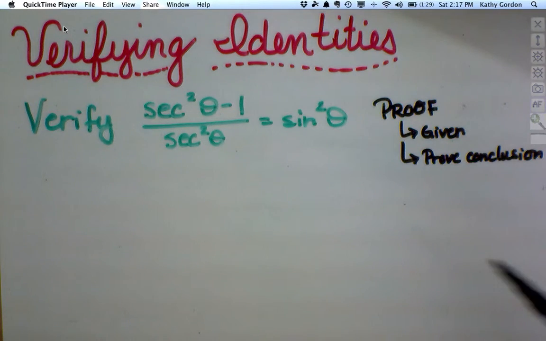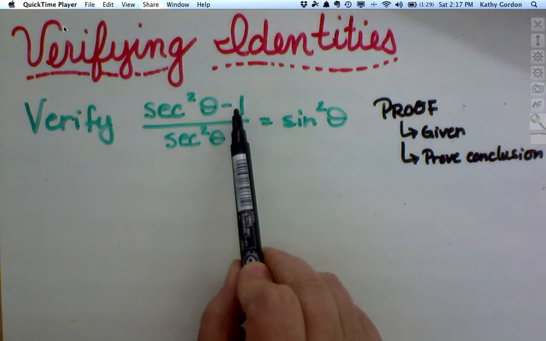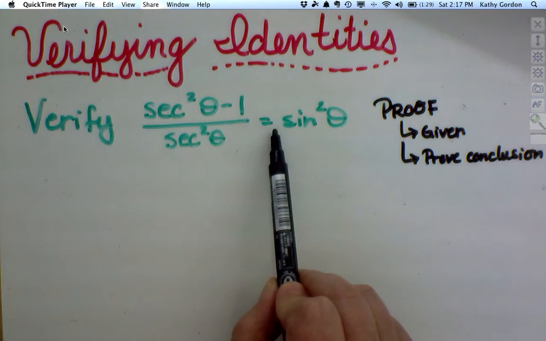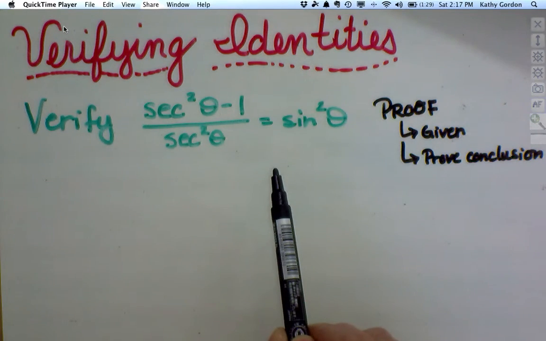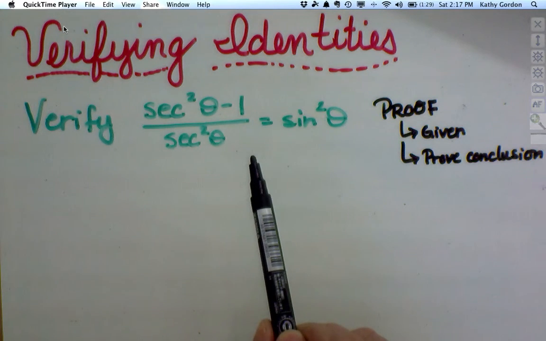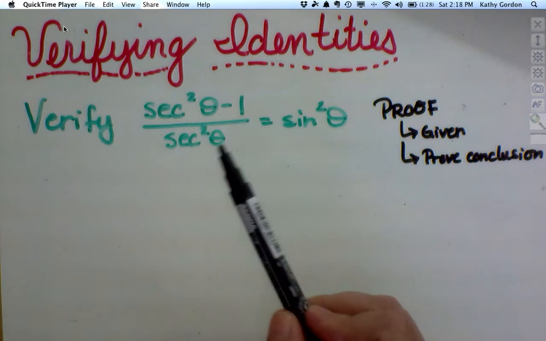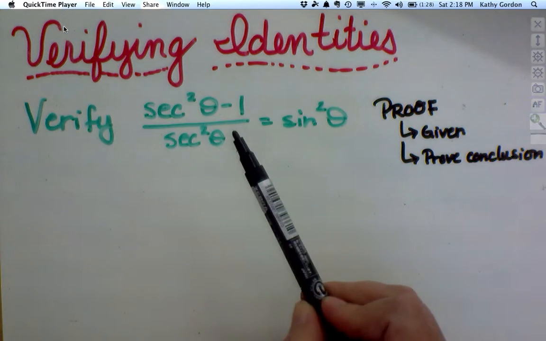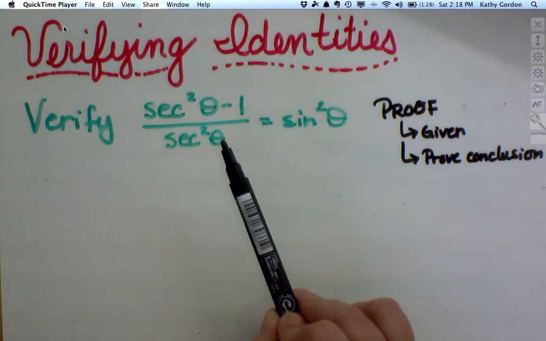So in this case, we are looking at secant squared of theta minus 1 over secant squared of theta being equivalent to sine squared of theta. And as he mentioned in the video that you just watched, our first step is usually to identify which side looks more complicated and start with that side.